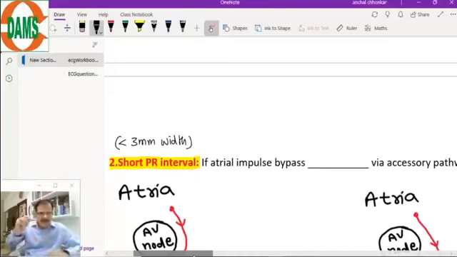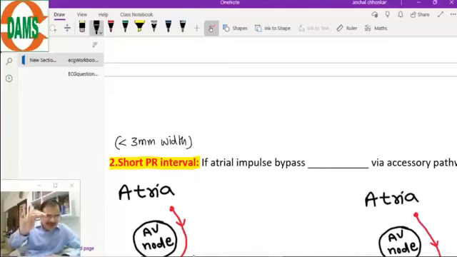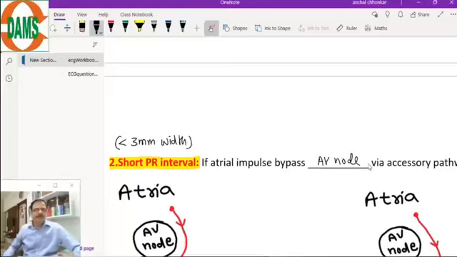Very obviously, it will get shortened when the atrial impulse bypasses the AV node. AV node is the physiological conducting tissue. So how will it bypass?